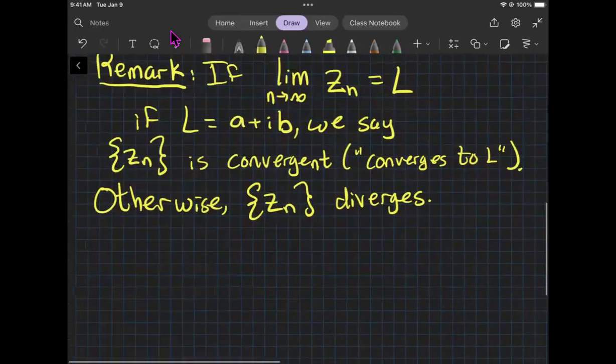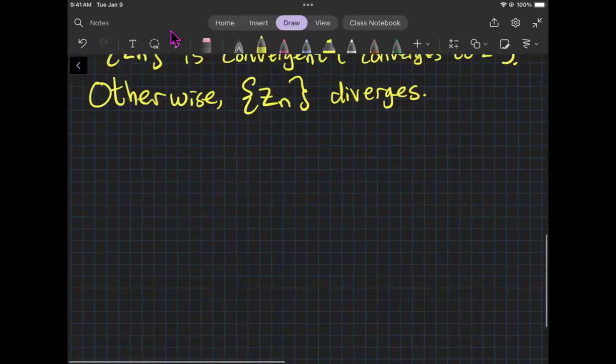Here's an equivalent test to show a sequence converges.